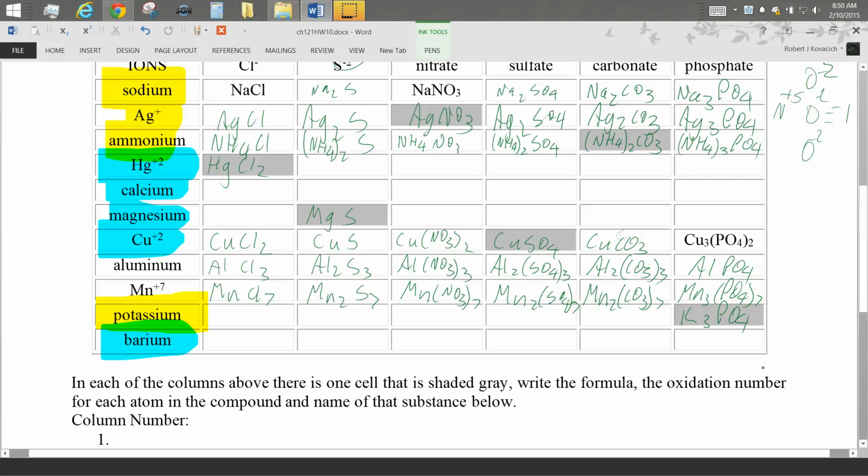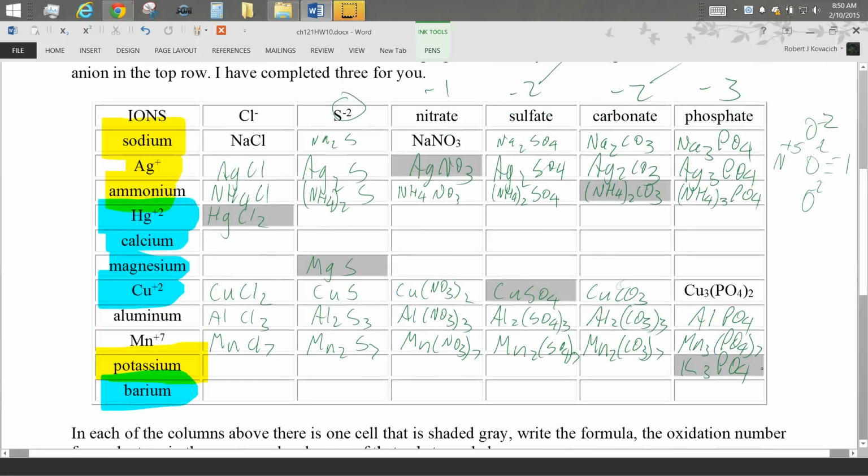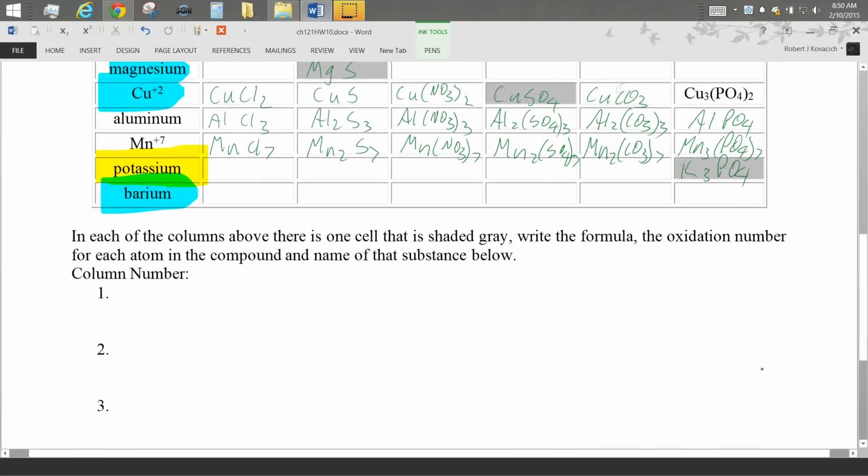All right, so for these ones we have shaded in gray, give me an oxidation number, compound name, and substance. All right, so the one out of column number 1 is HgCl2. So oxidation states, what is it for the mercury? Yeah, it was given as +2, and then the chlorine is a -1.